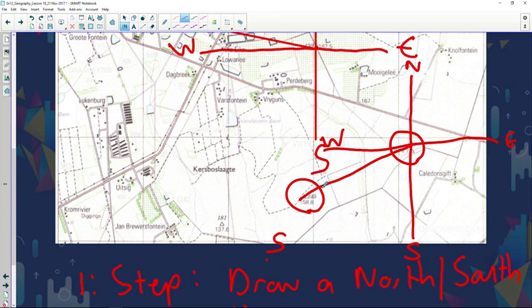So that's probably going to be west-southwest. And that's how easy it is to determine direction on a topographical map. Just keep in mind, remember your steps. That's the first thing that you need to be able to remember.